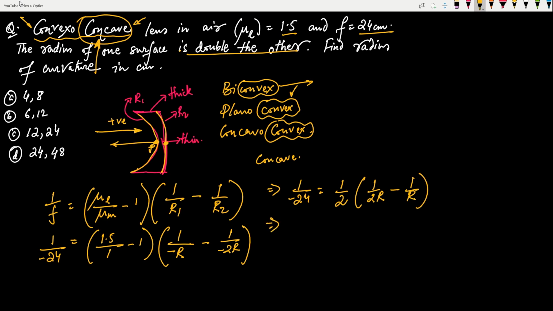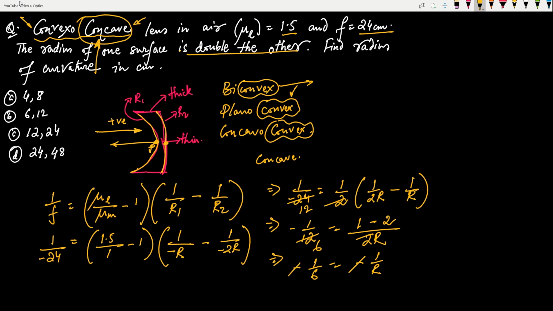Okay, so 12 is cancelled, so minus 1 by 12 is equal to, with 2r as the LCM, 1 minus 2, and 2 and 12 get cancelled, 6, and we will get minus 1 by 6 is equal to minus 1 by r.